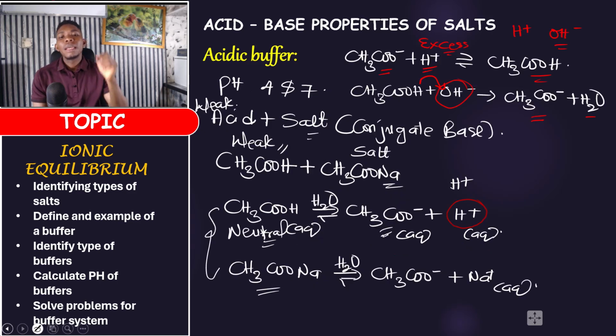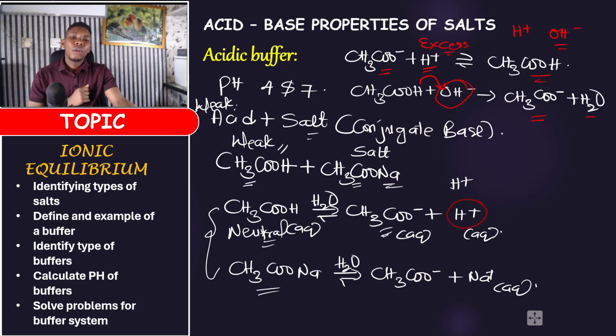If you come back here, the weak acid for acidic buffer will always react with OH negative. Look at it. Because an acid buffer consists of a weak acid and its conjugate base. Now if you look, this is the weak acid, this is the conjugate base. Are you getting all this? Now the weak acid, which is CH3COOH, will always react with OH negative, which is a base. So the weak acid is what reacts with the excess of the base.